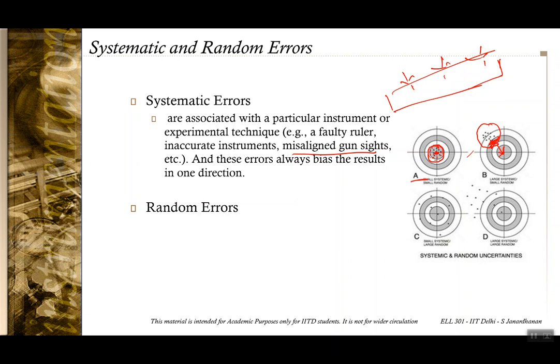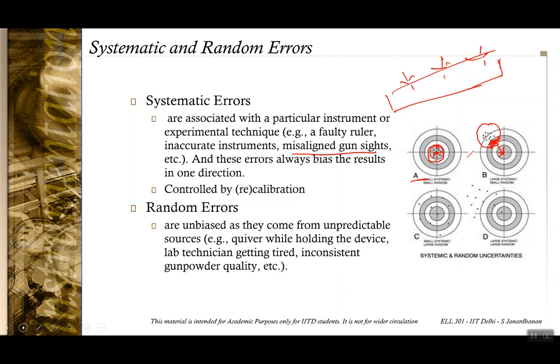On the other hand, when you go for random errors, you would see that these errors are unbiased. They are random in nature. Their bias is unpredictable. So in this case, you see that various measurements have errors of varying magnitude and varying direction.